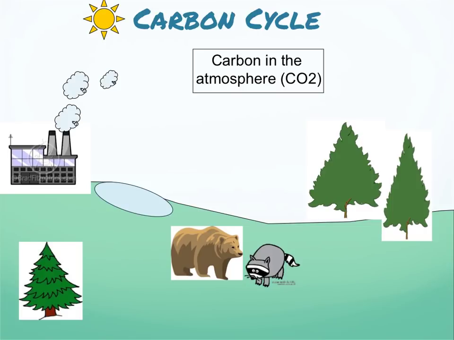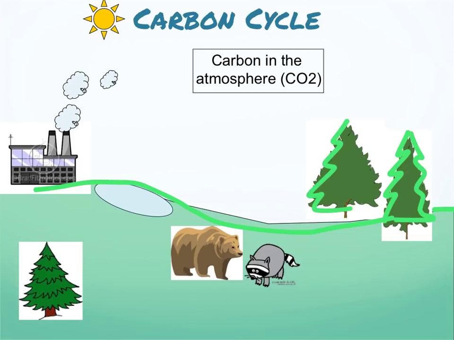So on the bottom of your paper, you can recreate a simple drawing like mine, including some of the basic parts of the carbon cycle, like for instance, the ground, right? So I can get a ground level in there. We want to have some trees here on the right side. We want to have a factory or some kind of building emitting material into the atmosphere.